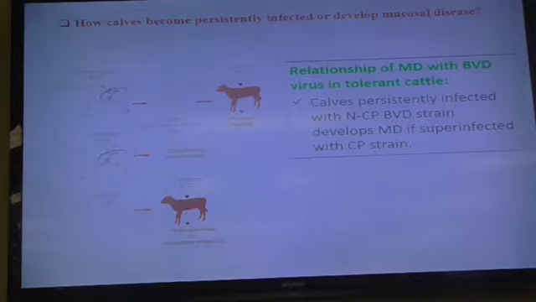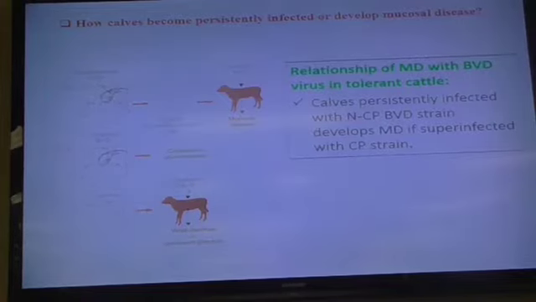If the embryo is infected with the cytopathic virus instead of the non-cytopathic, then you have congenital abnormalities. This can involve the eye, the brain, etc. And if a normal calf is infected after it is born with the cytopathic BVD virus, then you get viral diarrhea or persistent infection.